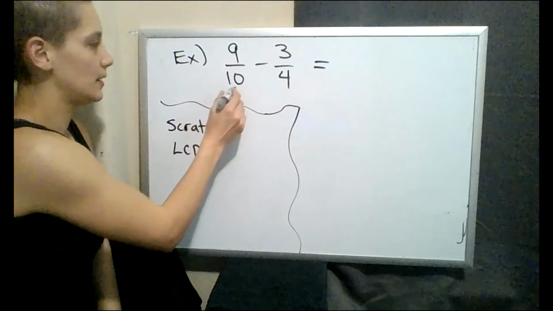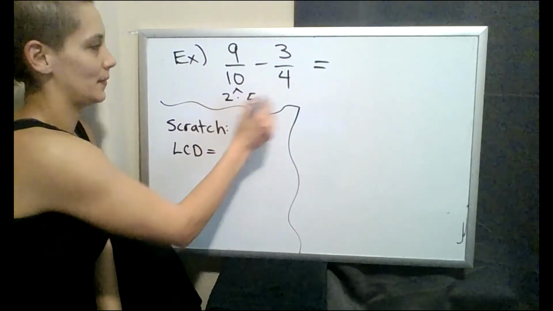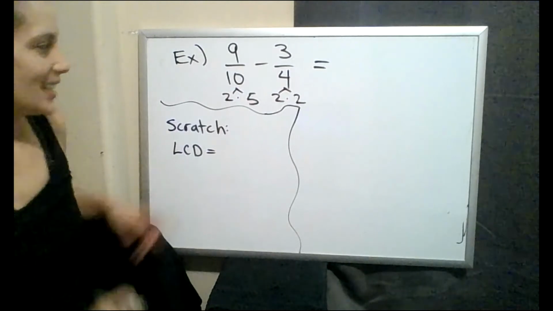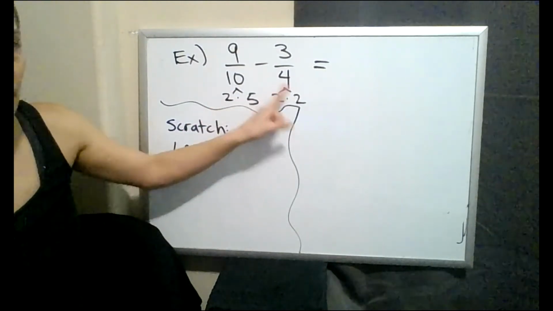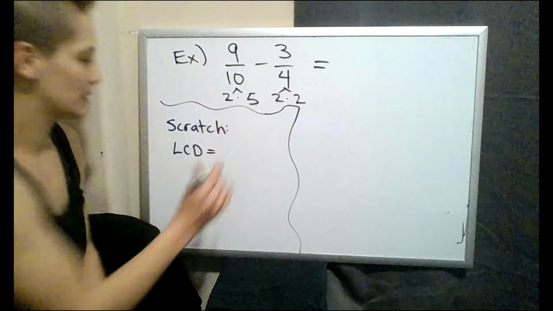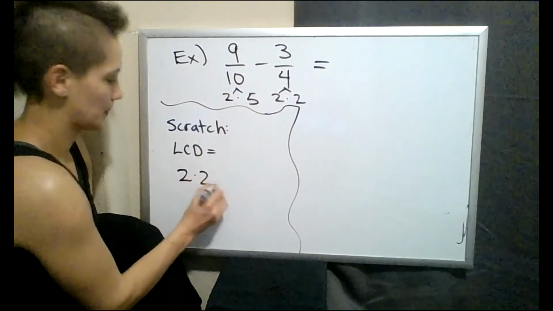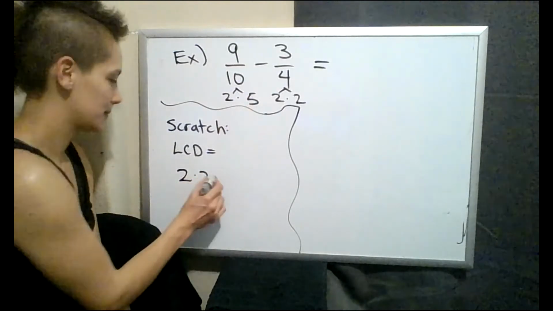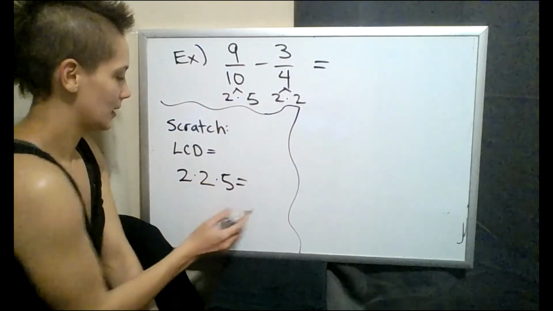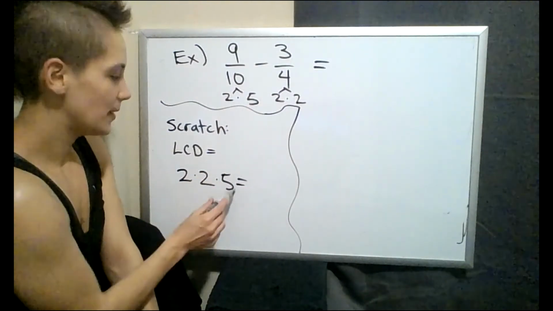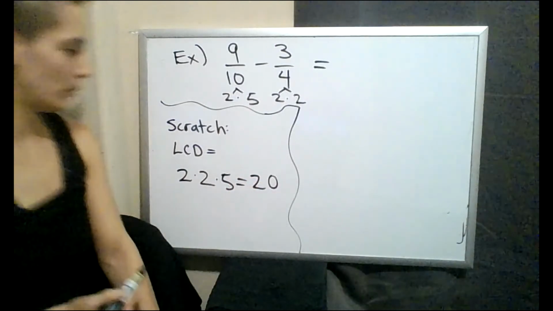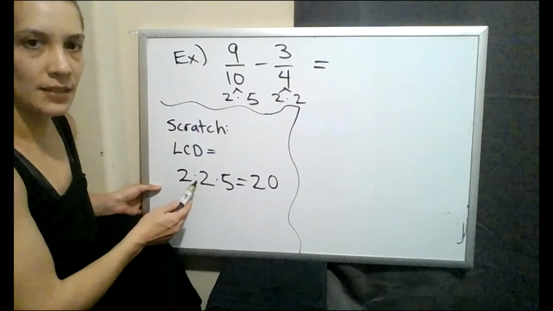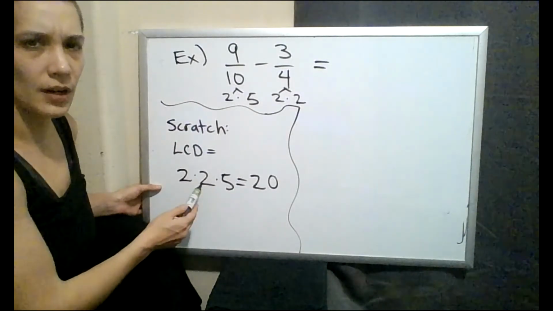Factor 10. For the factor of 2, we're going to choose this side with 2 2's. There's a factor of 5, just one of them. 4 times 5, that's 20. So your first fraction, the missing LCD factor is 2.